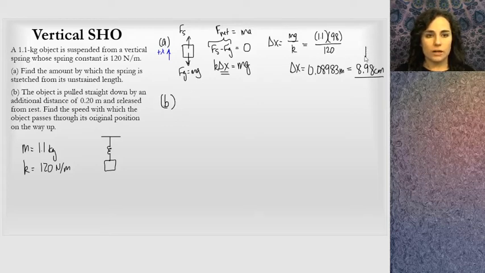I'm going to make a note that if I put it in oscillatory motion, this now is the equilibrium position, right? When I put the mass on, the spring had been unstretched before. There's the spring without a mass on it, and there's the old equilibrium.